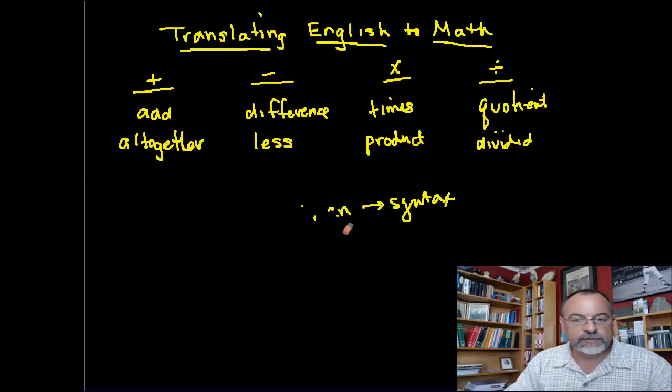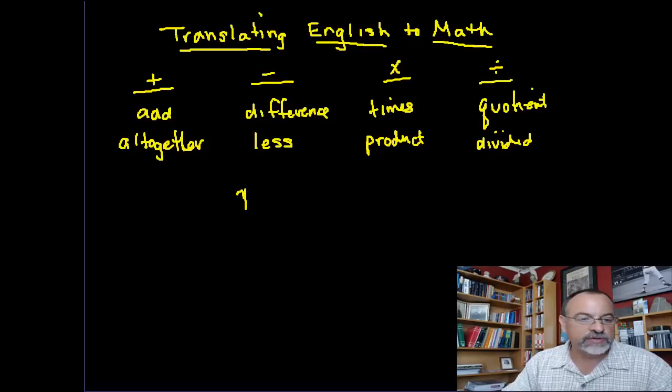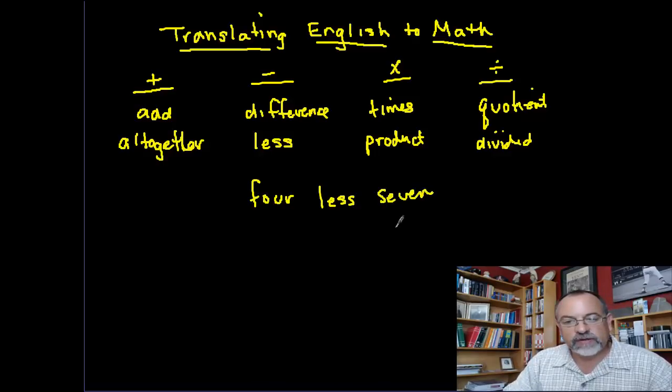So, for example, let's say I have the phrase "4 less 7," and I want to translate that from English into math.